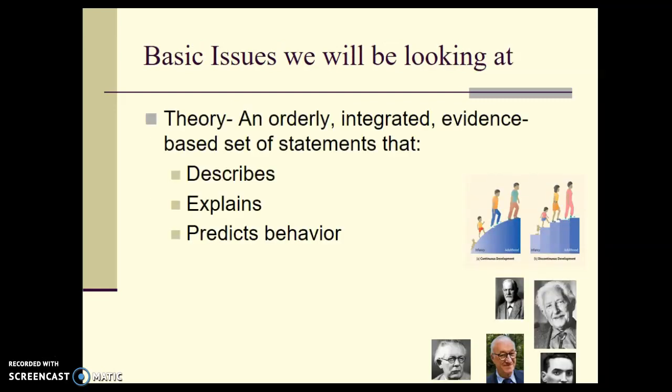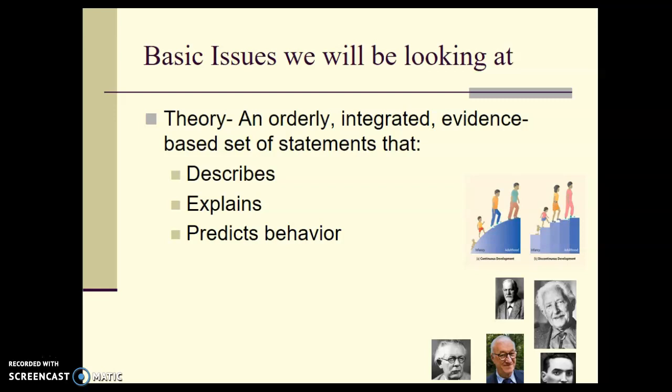Some of the basic issues that we'll be looking at in this class is theories. So this class is very close to psychology. In fact, one of our classes, Child Development 38, is cross-listed as a psychology class as well. And that class is a little bit different in that it doesn't go 0 to 18, it goes 0 to death or through old age.